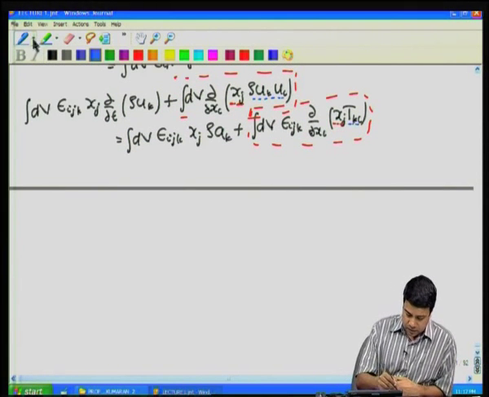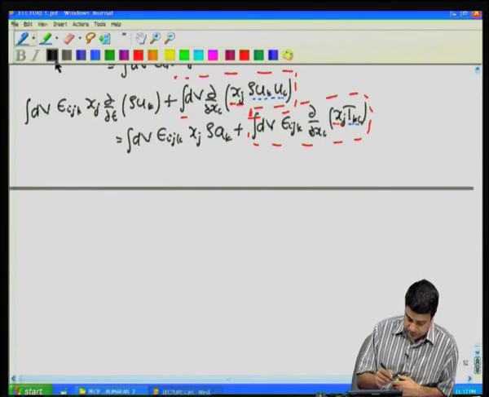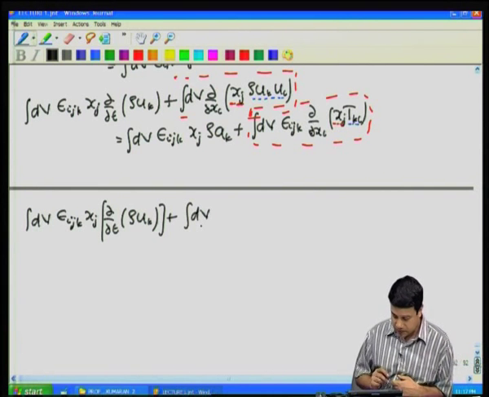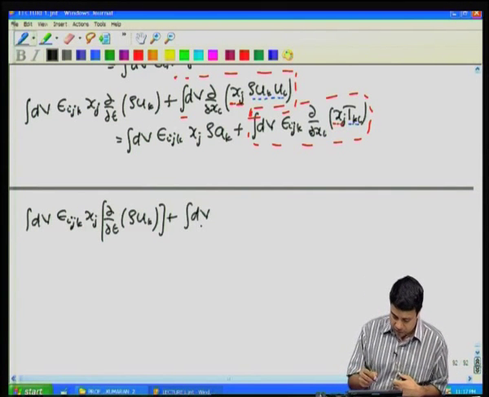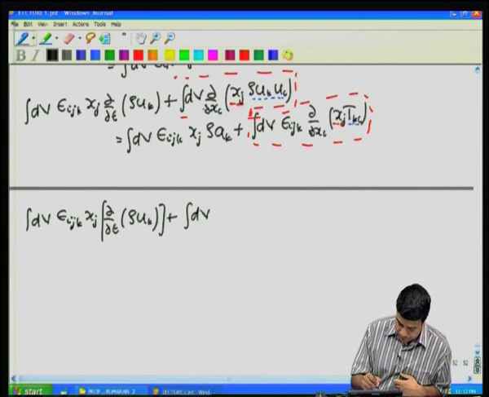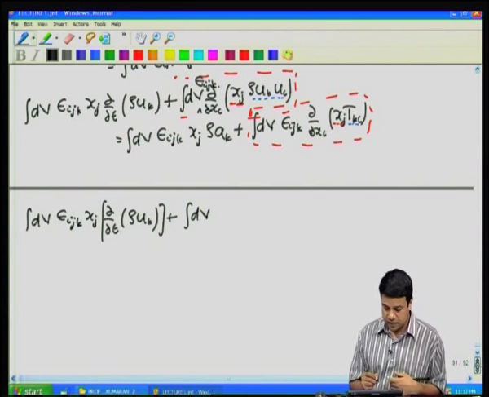So, let us expand and simplify. Integral dv epsilon i j k x j partial by partial t of rho u k plus integral dv. There should be an epsilon i j k here, so let me just put that in. The antisymmetric tensor is in there.